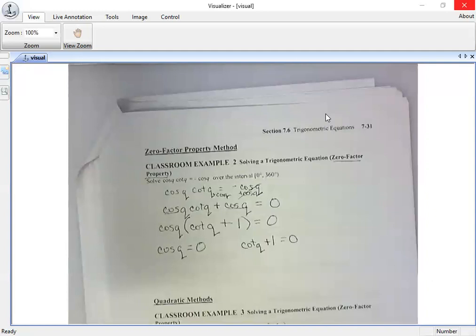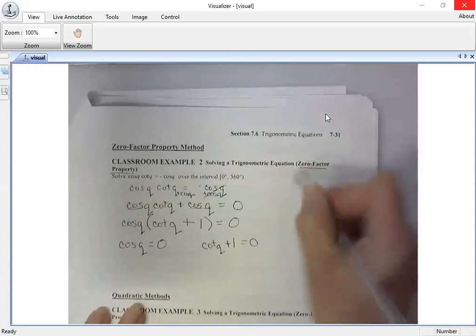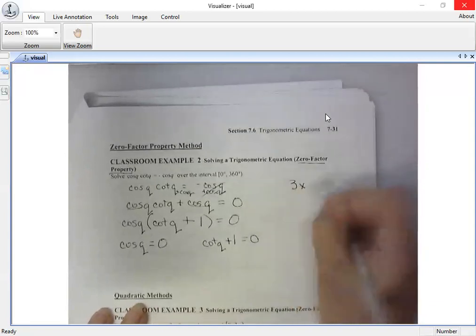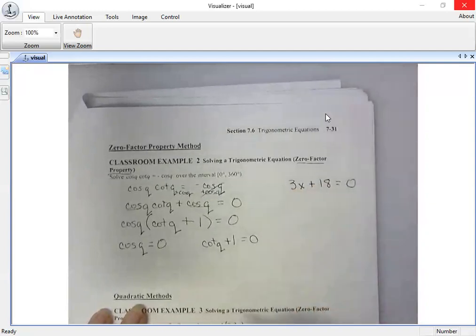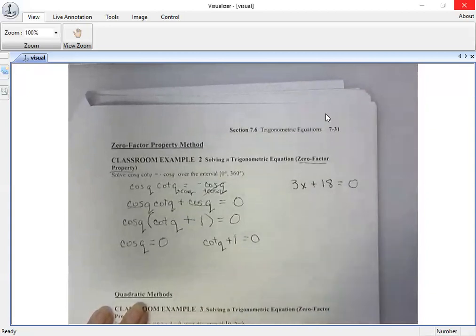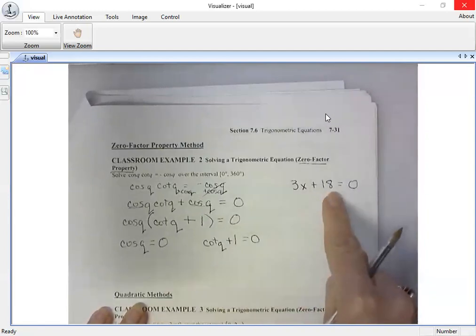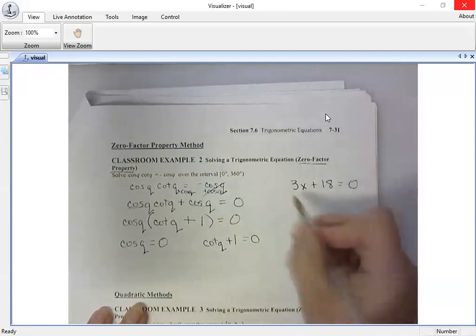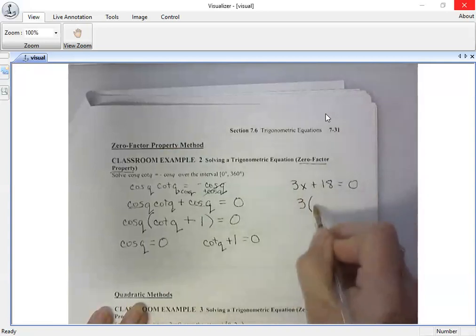Okay? So the way it's backwards distributive property. It's the same thing as if, and I'll put this on the paper so you guys can see, it's the same thing as if you had 3x plus 18 equals 0. If I asked you to factor that, what would you notice? Do you have a common factor of how much? 3. So if I write down a 3 and I open my parentheses, what would go inside when this is factored?